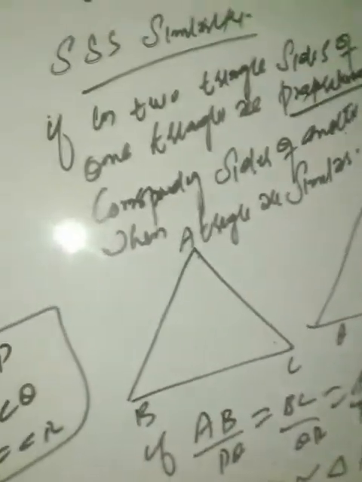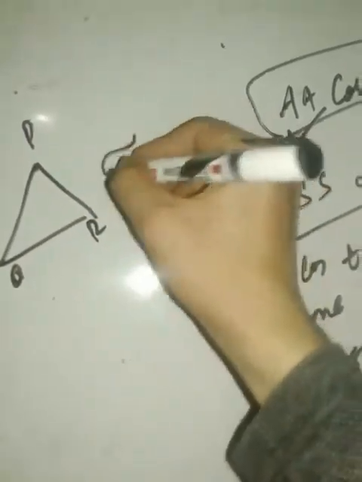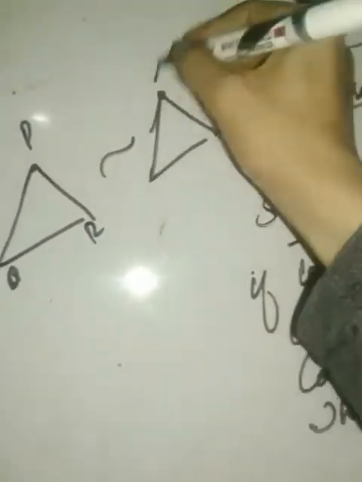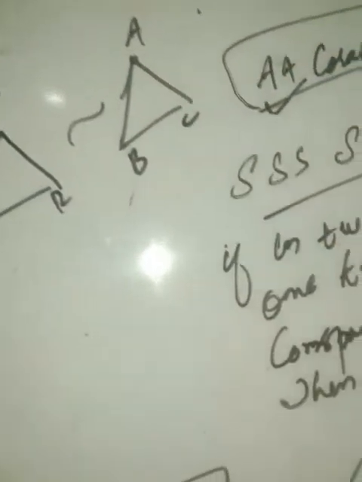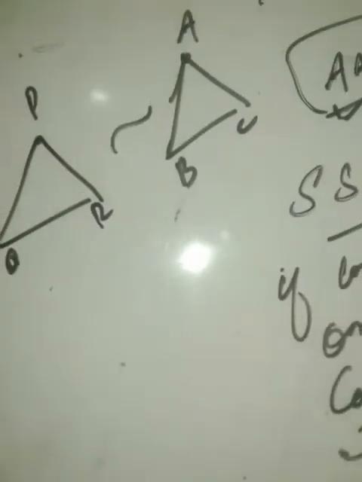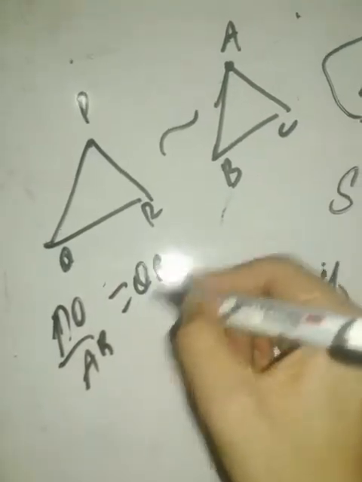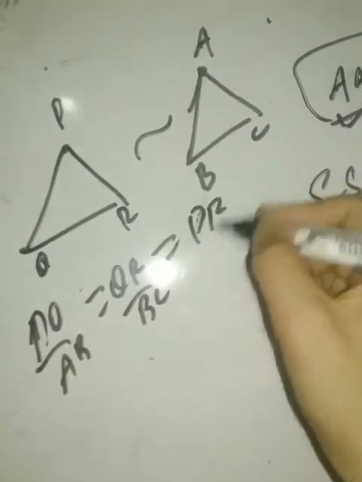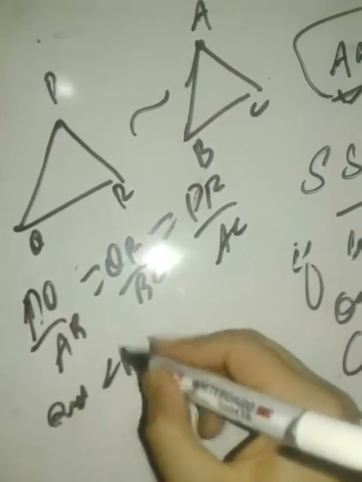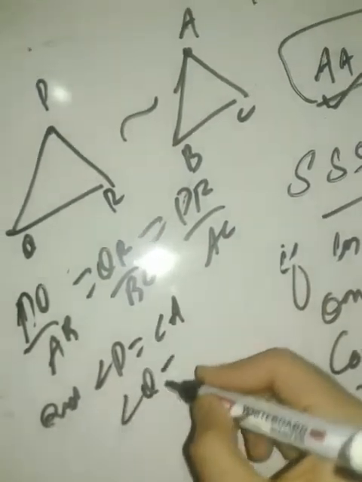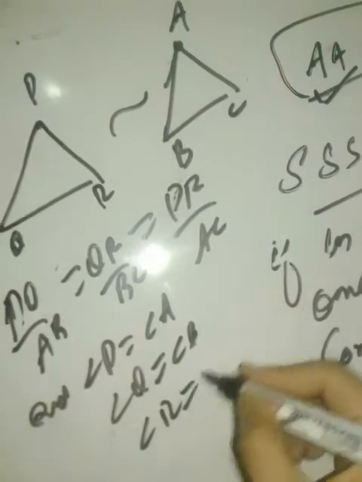Whenever you are told that triangle PQR is similar to, suppose, ABC, one thing should come to mind immediately: PQ by AB equals QR by BC equals PR by AC, and angle P equals angle A, angle Q equals angle B, angle R equals angle C.